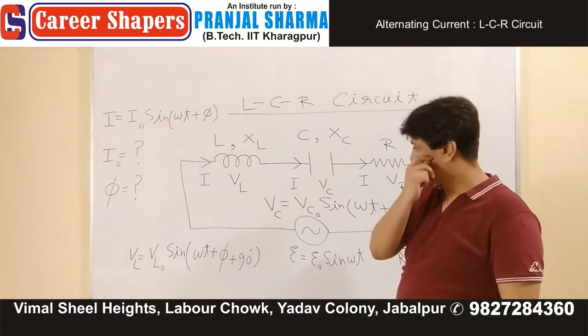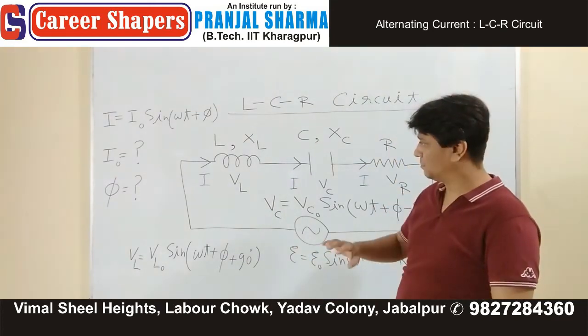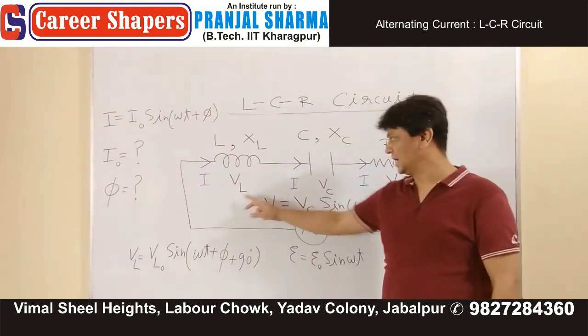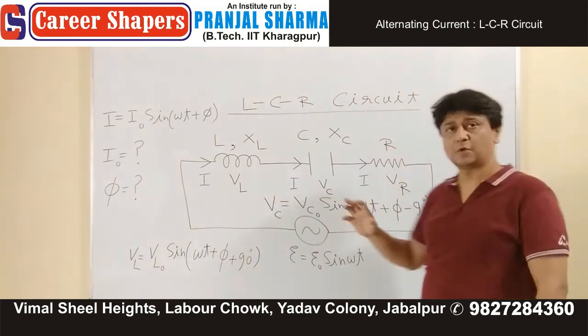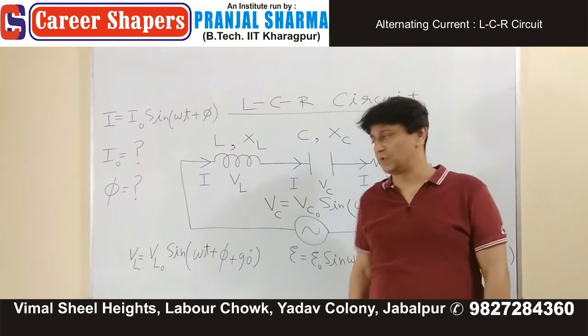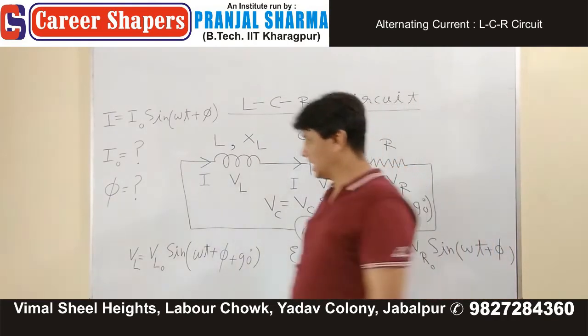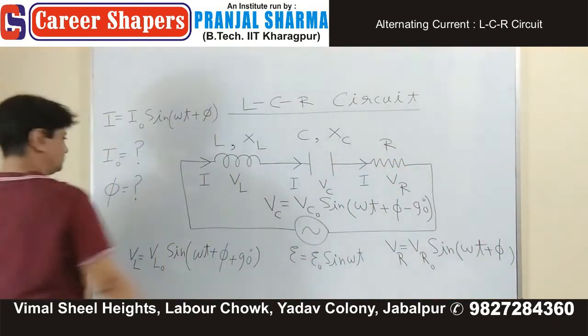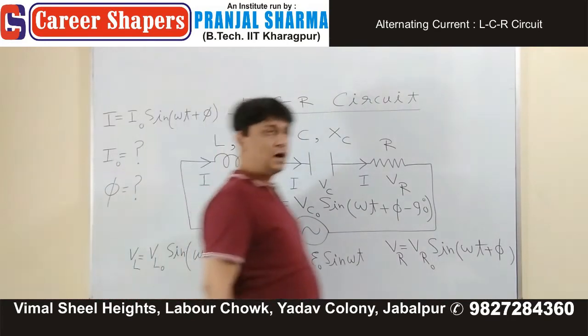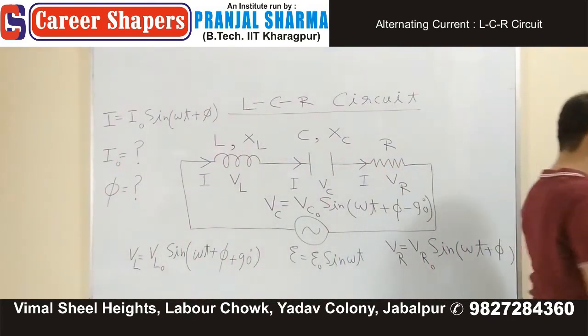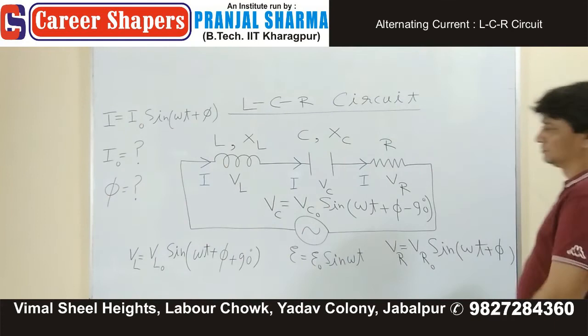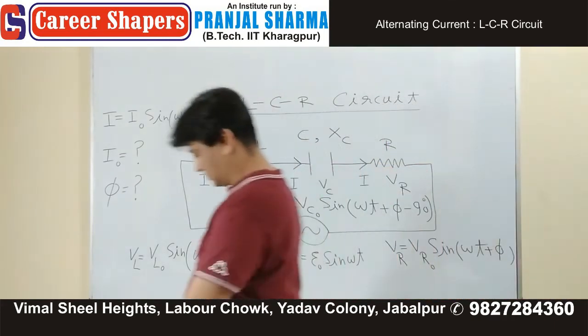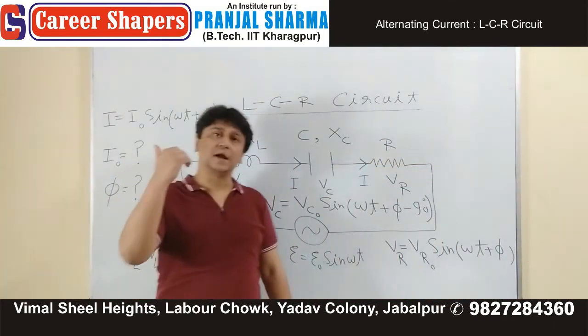Now just mention a point so that no confusion remains. VL, VC, VR, these are what? Instantaneous values. So write down VL, VC and VR are instantaneous values. Instantaneous means at time t.